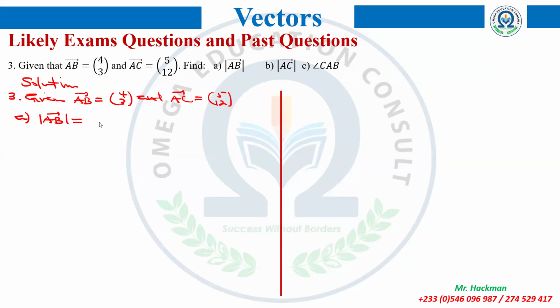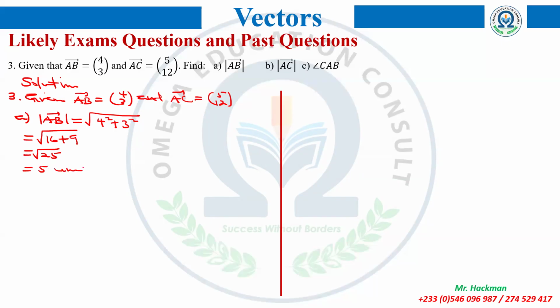The magnitude of vector AB is the square root of 4 squared plus 3 squared. Very good. As you come down, don't forget to write close to the margin. So square root of 16 plus 9, square root of 25, is equal to 5 units.